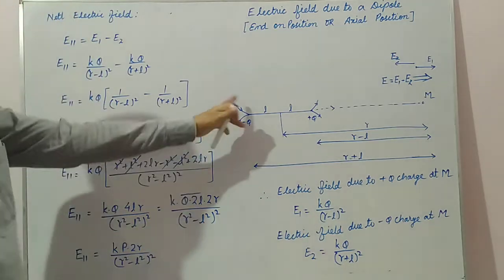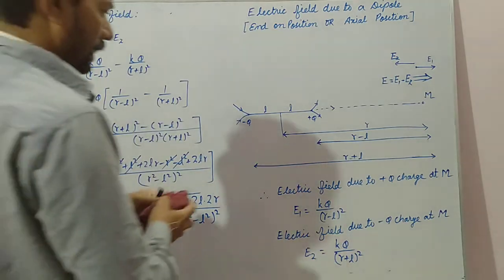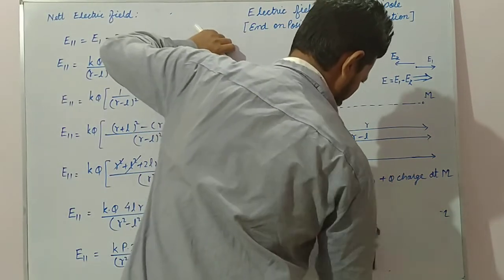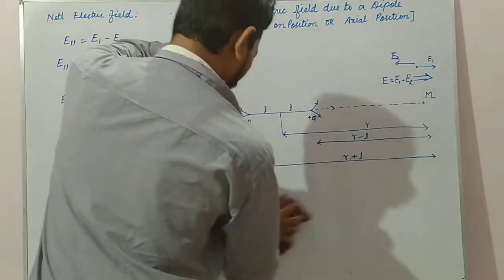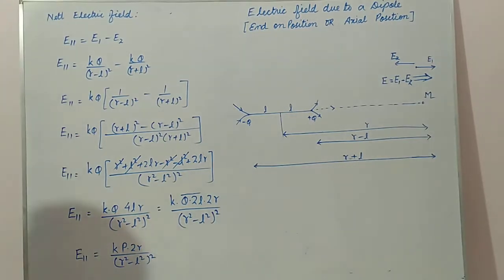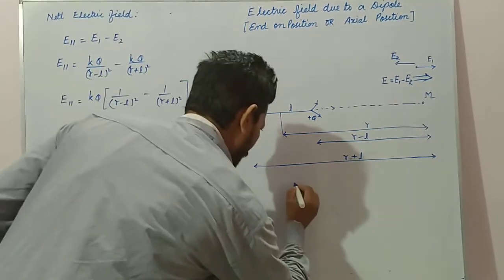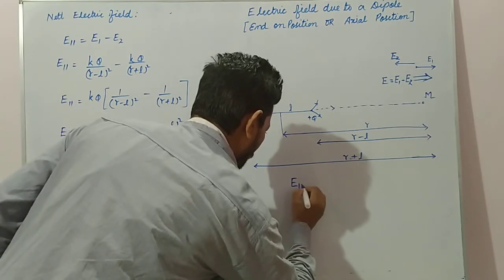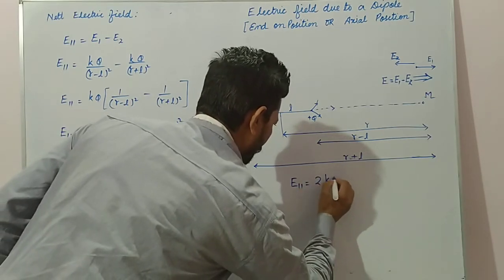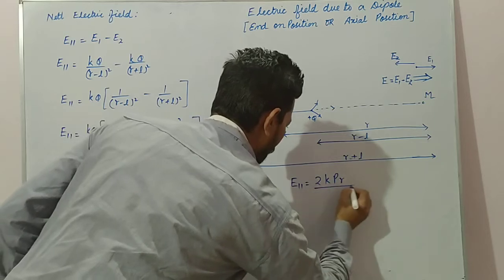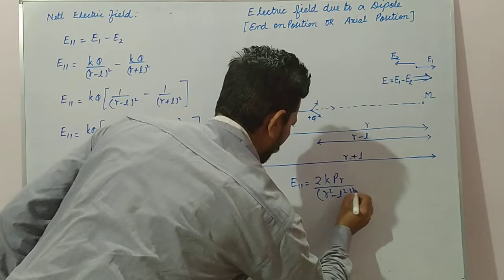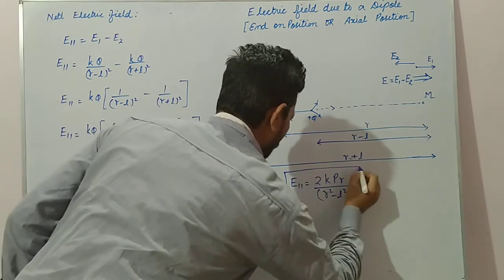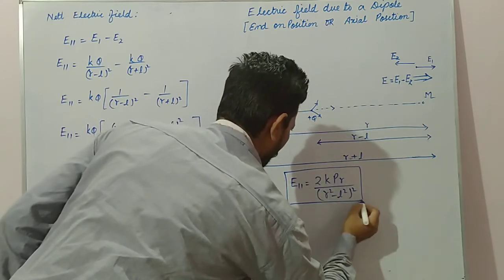I am keeping the diagram for convenience. Now see here, we can write electric field along the axis as 2kpr by (r square minus l square) the whole square. This is the first part.